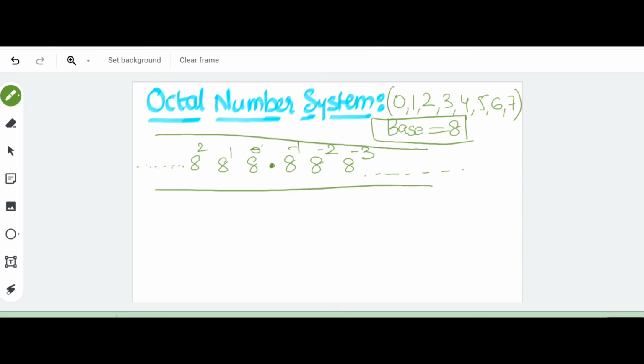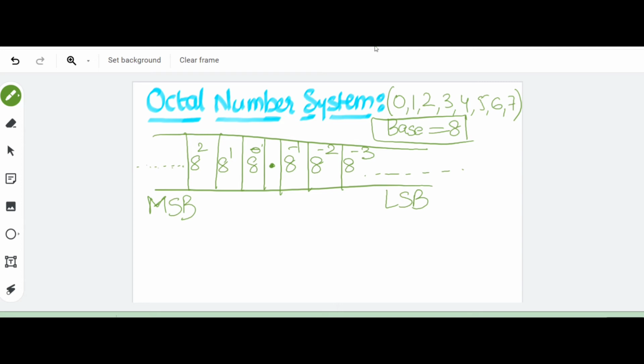I hope you remember MSB and LSB. The left side positive part is the MSB, the most significant bit, and the right side negative part is the LSB, the least significant bit.